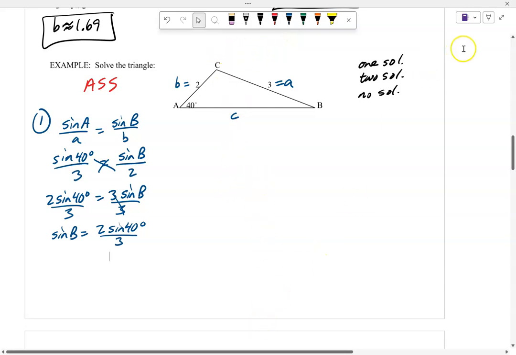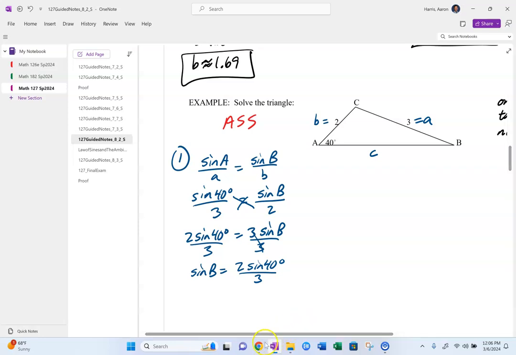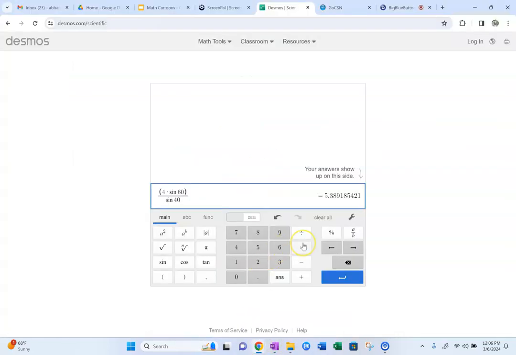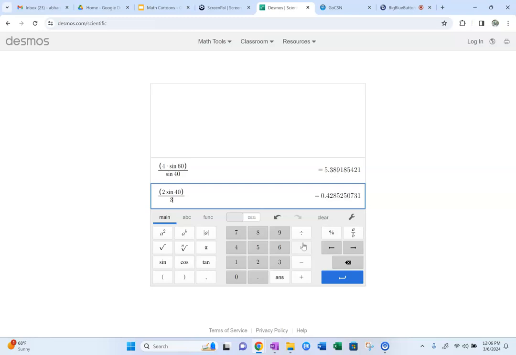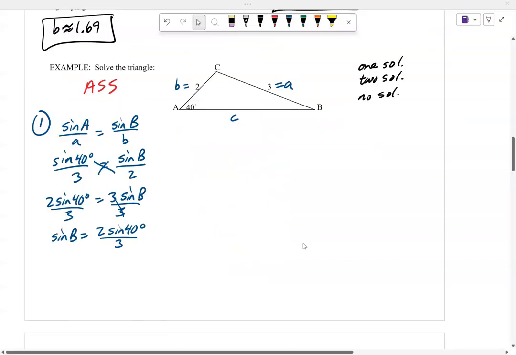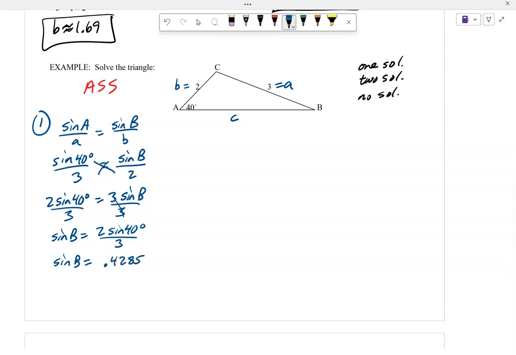let's see what that is here. Desmos. 0.4285, right? Push that in. So sine of B equals 0.4285, right?